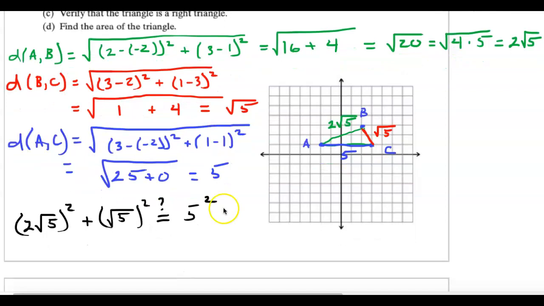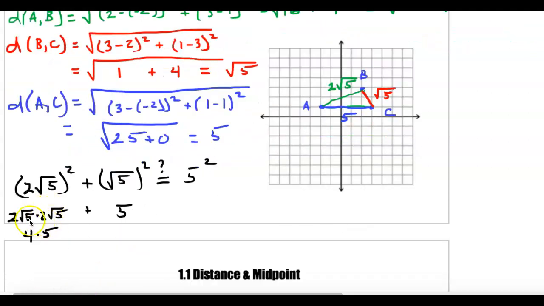Radical 5 squared is just going to be 5. 2 times radical 5 squared is really just 2 times radical 5 times 2 times radical 5, which is just equal to 4 times 5, which is equal to 20. 20 plus 5, and 5 squared is also 25.